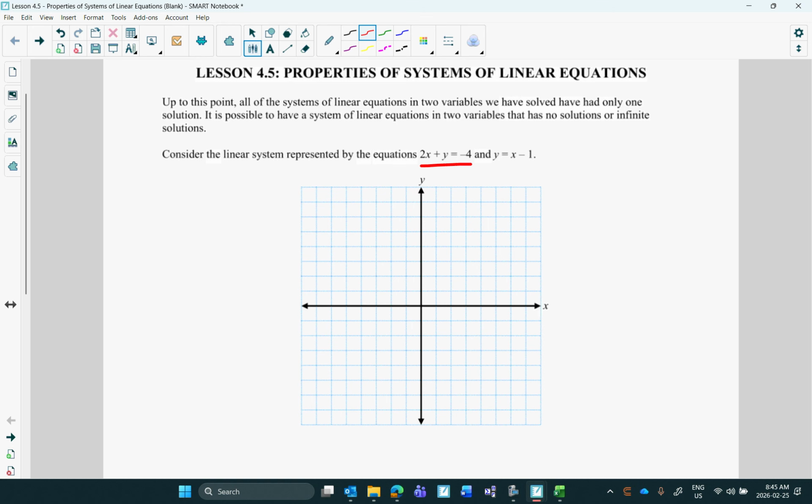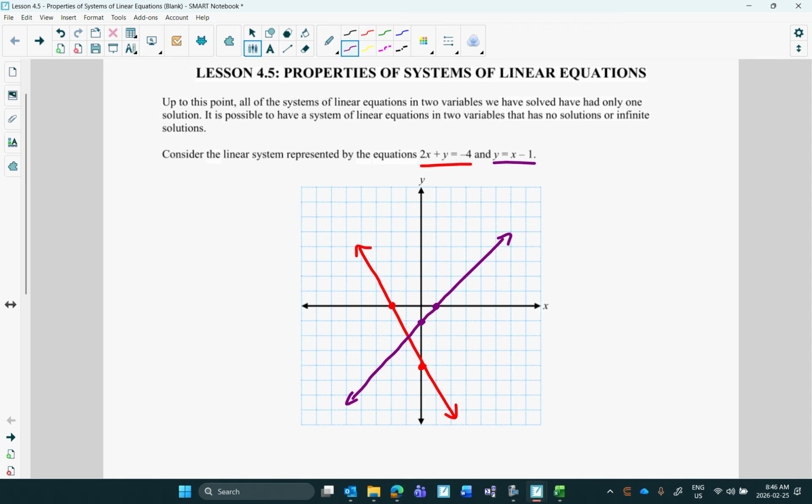Okay, well, I guess I'm graphing mine really quickly now. There, and there, one line, y equals x minus 1, there and there, draw a line.